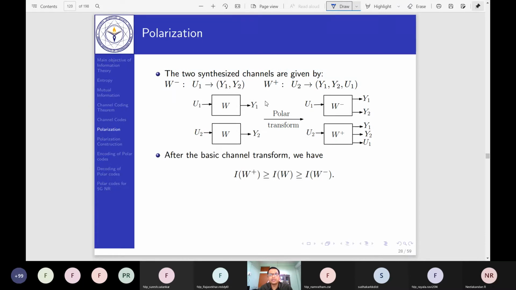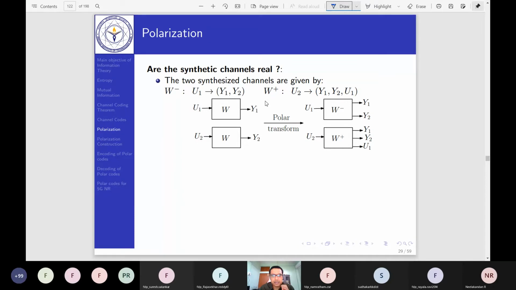After the basic transformation, with frame length n equal to 2, we can see that I of W plus is greater than I of W. This is the symmetric capacity, or the mutual information when the input distribution is uniform. So I of W plus is greater than or equal to I of W, which is greater than or equal to I of W minus. However, the total mutual information remains constant. It means the total symmetric capacity is preserved.